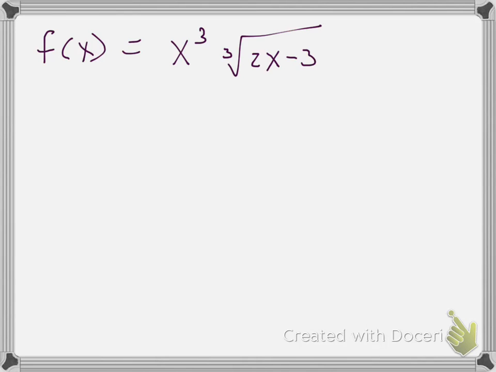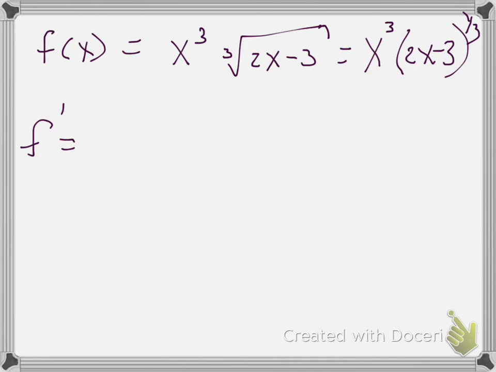I would be able to take the derivative of something like x cubed times the cube root of 2x minus 3. And I would hope that we would rewrite that right away: x cubed times (2x minus 3) to the 1/3 power.